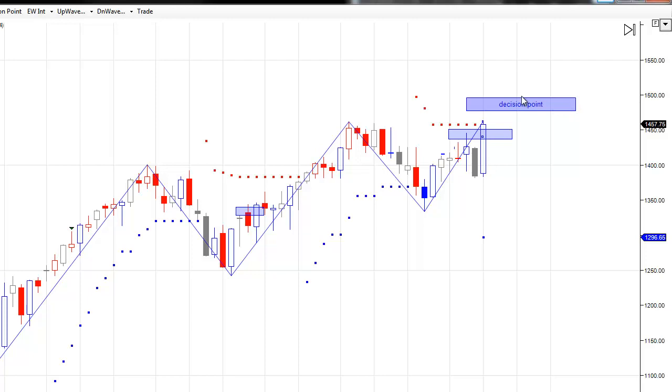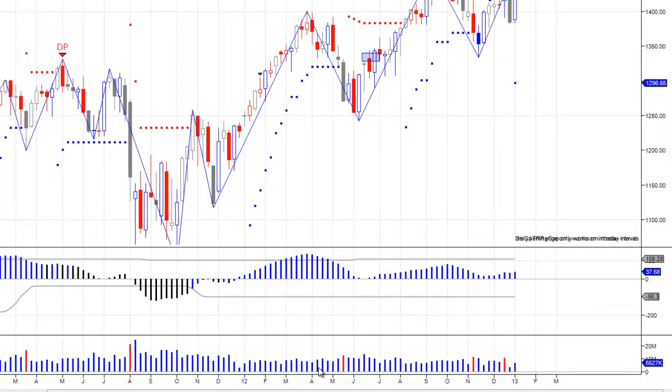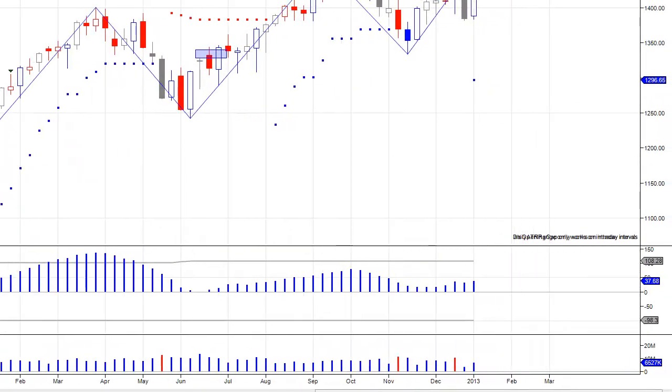Nice round number there. And if they take this area out, we've got to recalculate and find the next areas of resistance, which we're going to have to go back quite a ways in time to find.